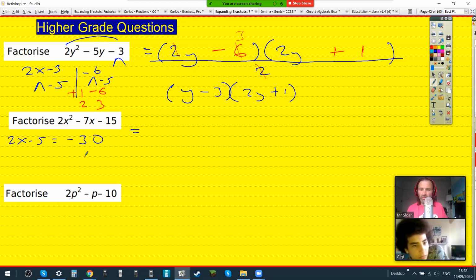Then what multiplies to make minus 30 and adds to make minus 7? And you can always just figure out the minuses as you go.